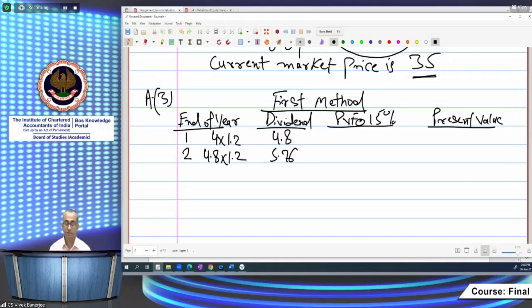Present value factor at 15%, it is given in the question, is 0.8696 for the first year, and for the second year it is 0.7561. So let us multiply this dividend with the present value factor.